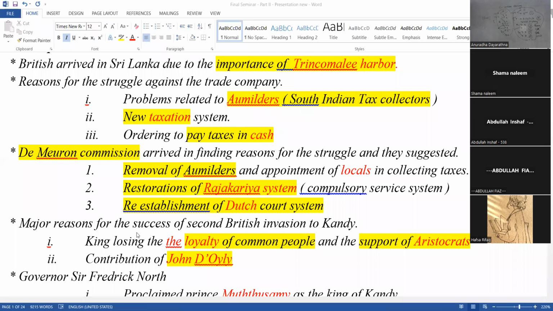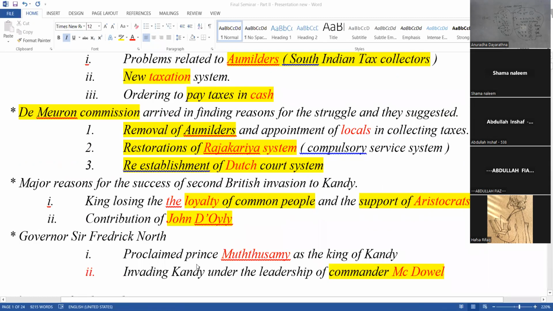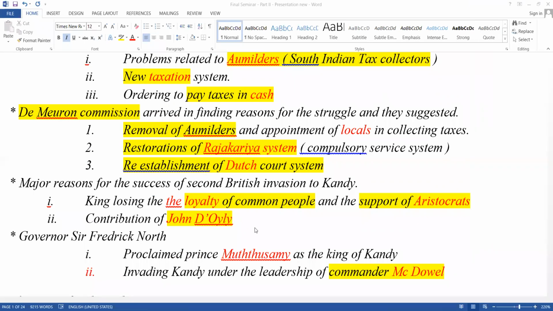I am not going to discuss that in detail here because we don't expect this to come now. In the first invasion in 1803, Governor Frederick North took Muthuswami, the real heir to the throne, to Kandy and enthroned him as king. But when the invasion failed, Muthuswami was killed, so he could not get the kingship.